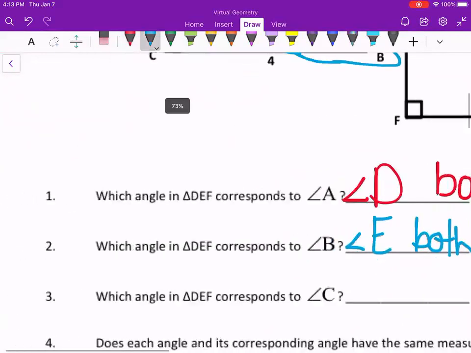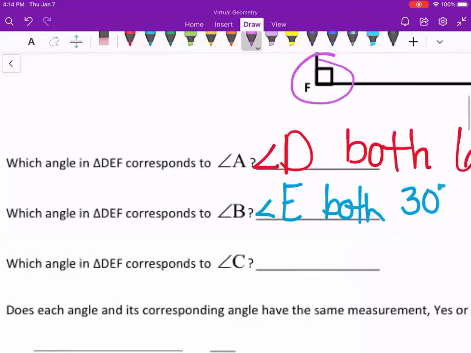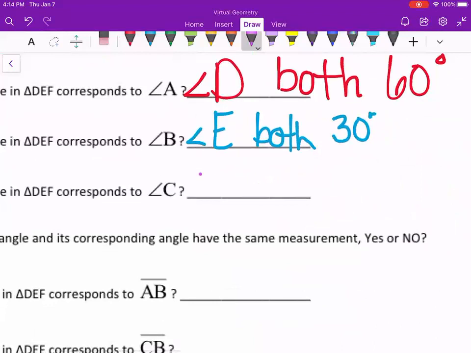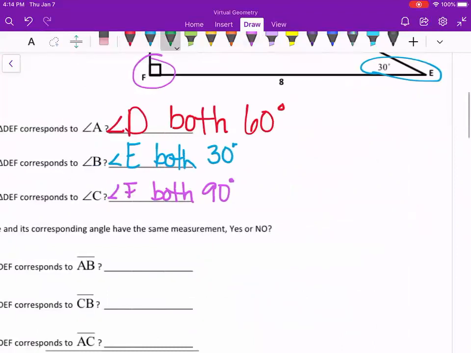And then we check our last one, C with F. C is 90, and so is F. So angle F, because both are 90 degrees. So this is where we have the corresponding angles are congruent for similar polygons.